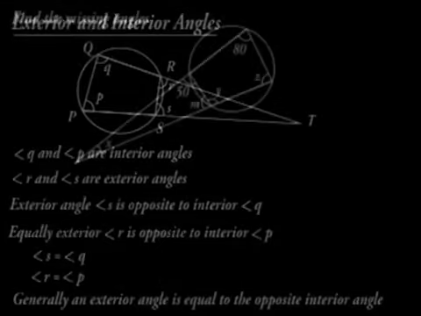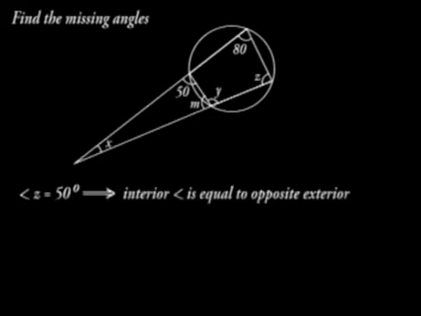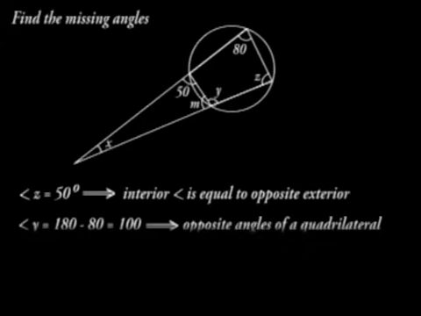Example: find the missing angles. Angle Z is 50 degrees. That is, interior angle is equal to opposite exterior. Angle Y is 180 minus 80, which is 100.